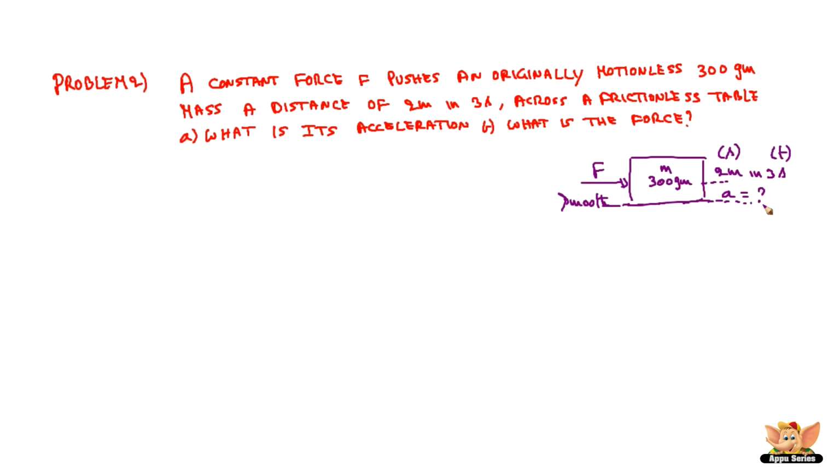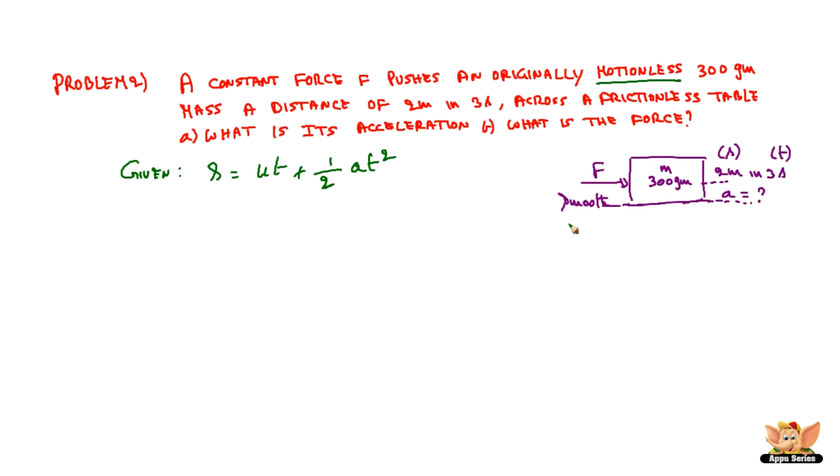To find the acceleration, from equations of motion, we can use one of those equations. S is equal to ut plus half a t square. We selected this equation because we know that it is starting motionless.